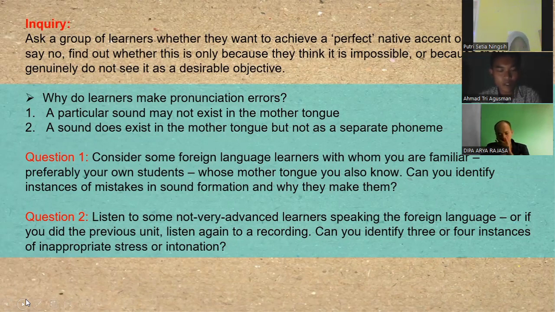Number two, a sound does exist in the mother tongue, but not as a separate phoneme. That is to say, the learner does not perceive that it makes a difference to meaning.